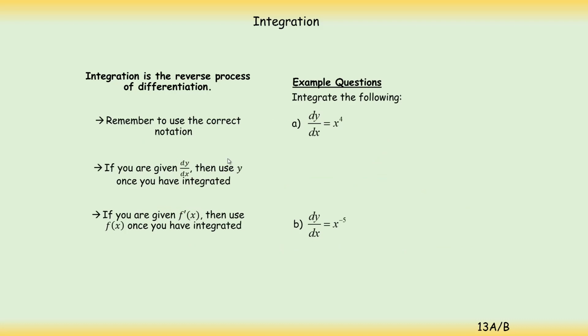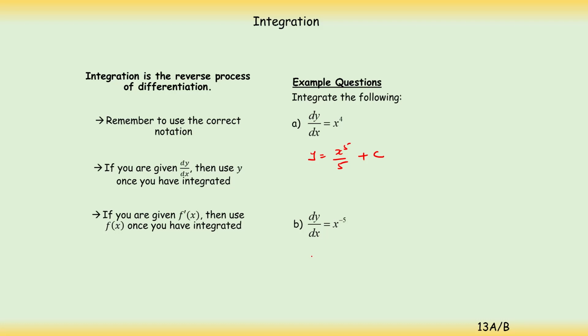Right, so here we've got 2 examples. Now in this one, dy by dx is equal to x to the power of 4. So to reverse the process to give us y back, we increase the power by 1 and divide by that. So it's going to give us x to the power of 5 divided by 5. And we've got to add plus c, the constant term, which we don't know what it is.